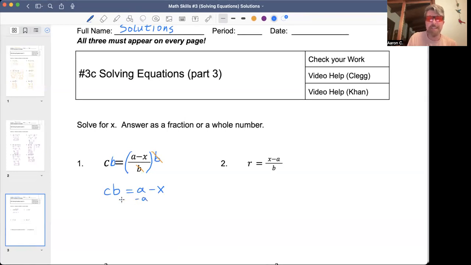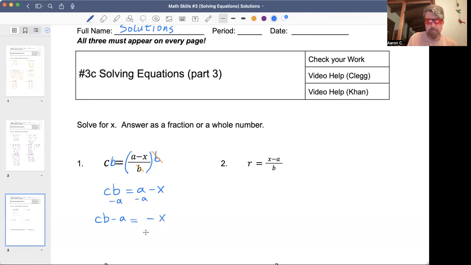I guess it does either way. It's going to be about the same. Well, I'm just going to do it this way. So here comes on the left, we're going to have cb minus a. So there we go, cb minus a. On the right, we have a minus a is 0, and we still have a negative x over there.